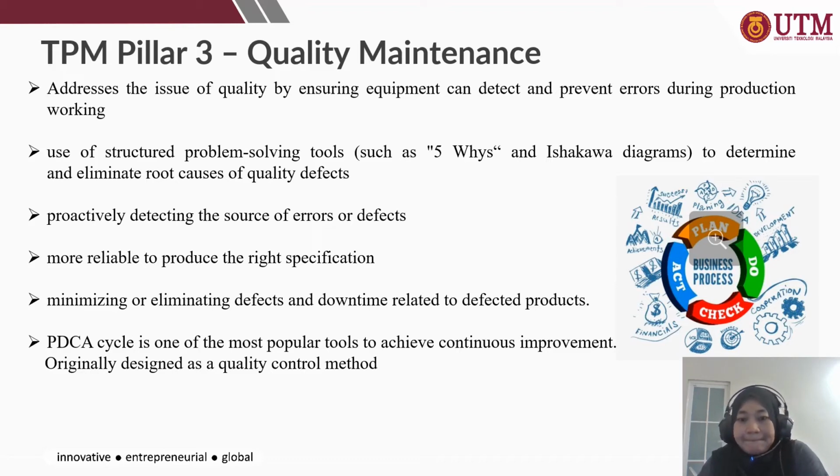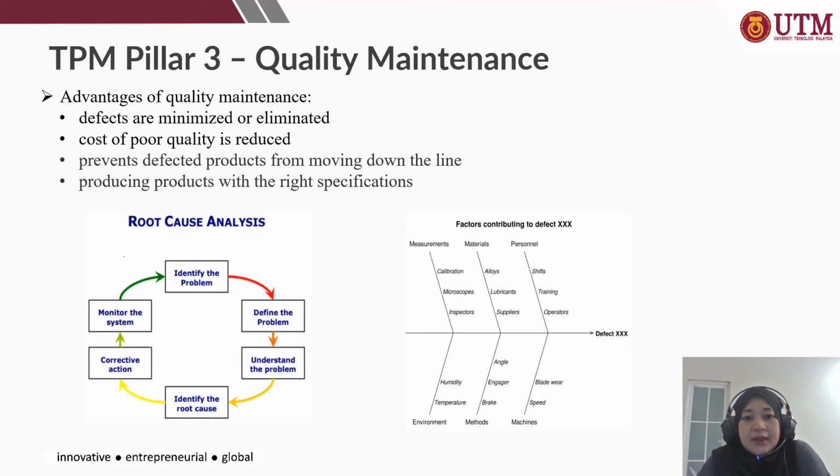Okay. What are the advantages of this TPM pillar 3, quality maintenance? So the advantages are that we can minimize or eliminate the defects, as well as reduce the cost of this poor quality.